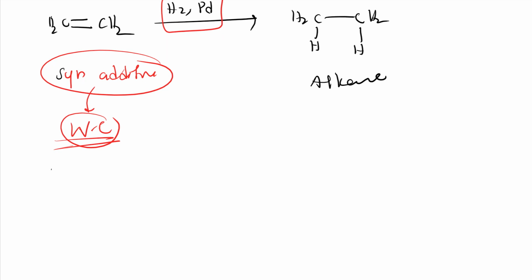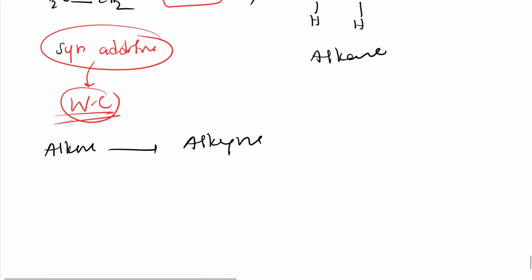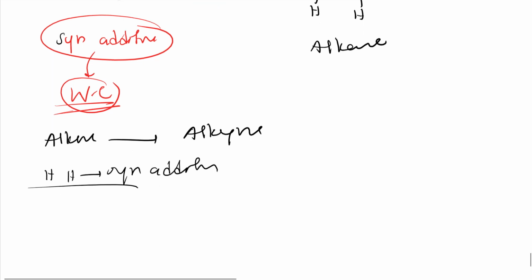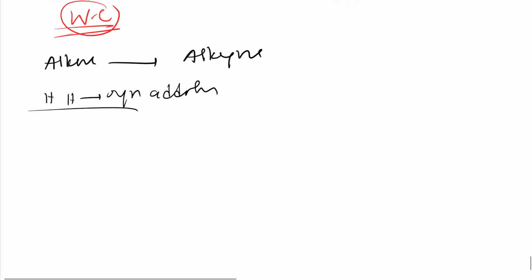So I'll convert this alkyne to alkene, and it is stereospecific, right. Both hydrogens will add, syn addition happens. So it is a stereospecific reaction. See here, if I consider this alkene, this is a cis alkene.